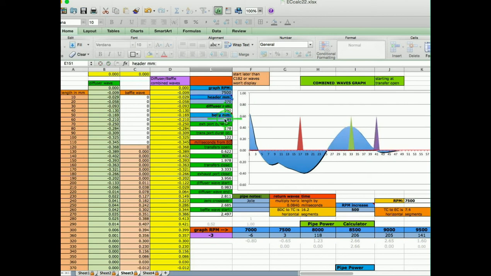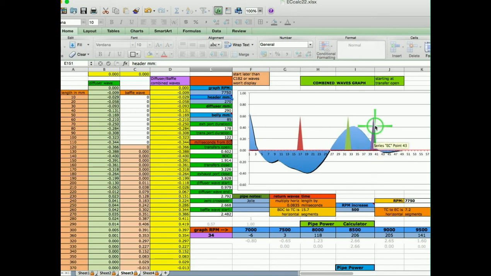So right here, just a little bit beyond that is when it starts to rise here. And you're beginning to capture some of that, or to keep some of that intake charge from leaving.